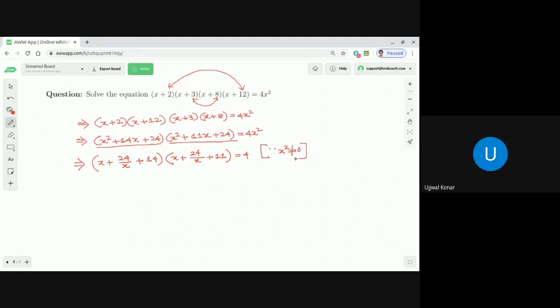After that, what you will do? X plus 24 by x you will assume as y. Correct? No? So you apply x plus 24 by x is equal to y, and what you will get? You will get something like this.